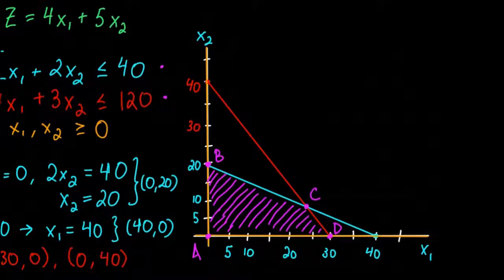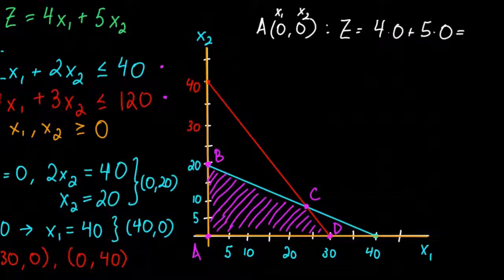Starting with point A, which is at 0, 0, where x1 equals 0 and x2 equals 0. If we plug this into Z, we'll get 4 times 0 plus 5 times 0, which is just 0. And we can continue with each of the points similarly.